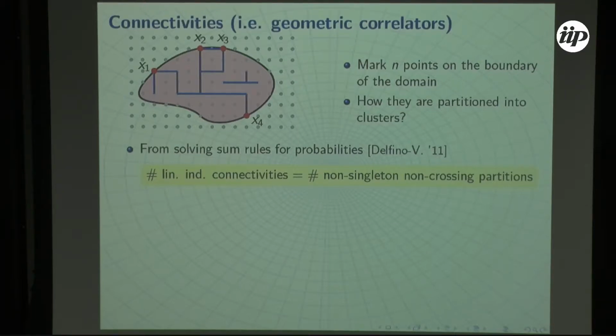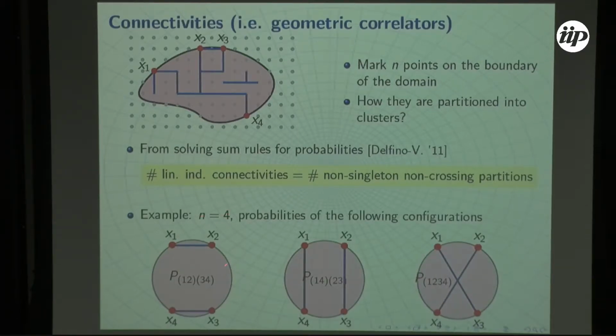So for instance, if n is 4, there are only 3 linearly independent functions, which are given by the probability that 1 is connected with 2 and 3 with 4, 1 with 4 and 2 with 3, and all together. So you see that you can never disconnect one from the others.